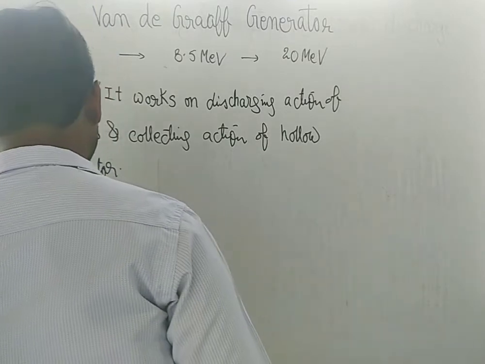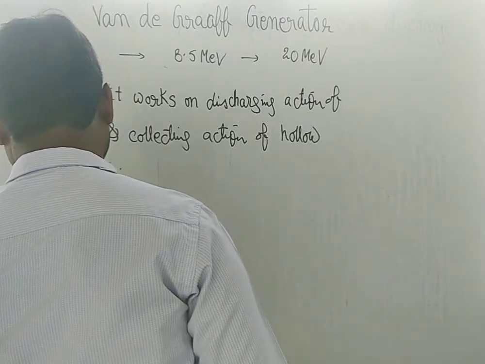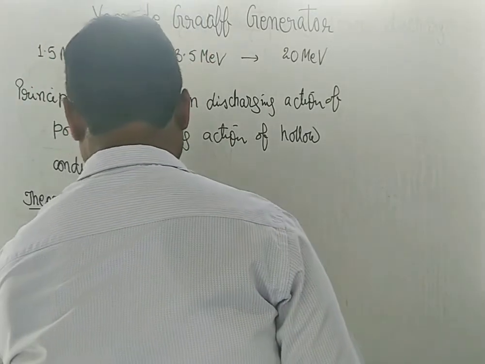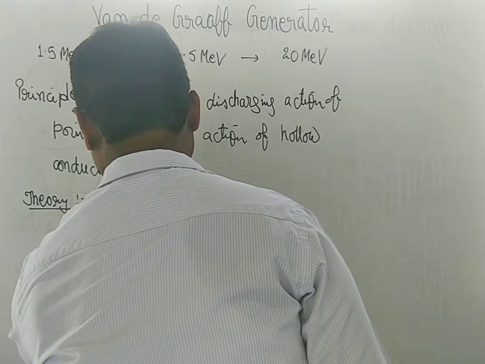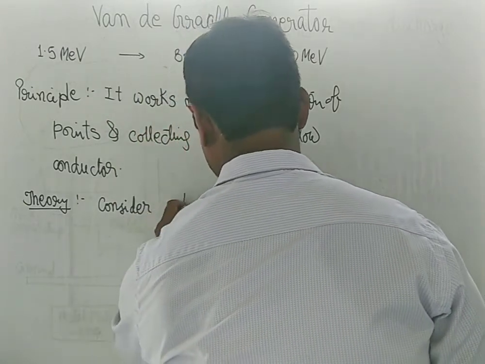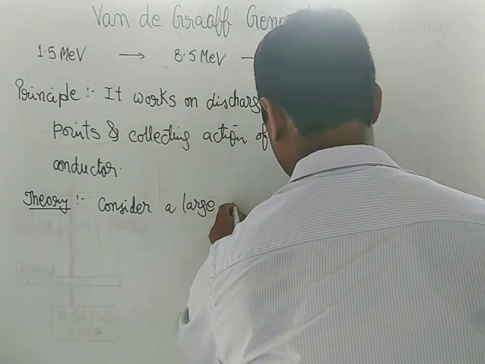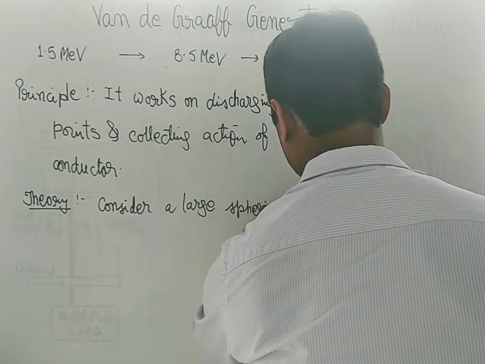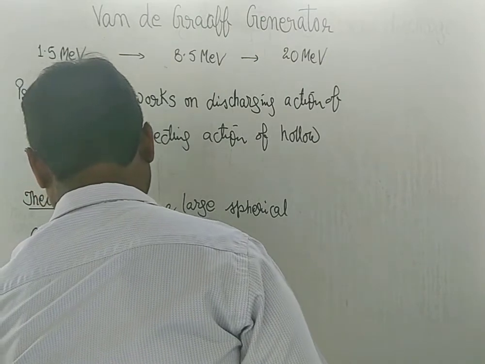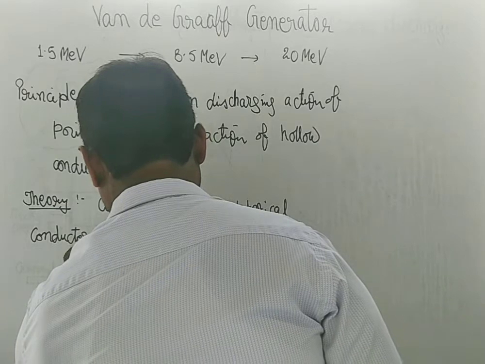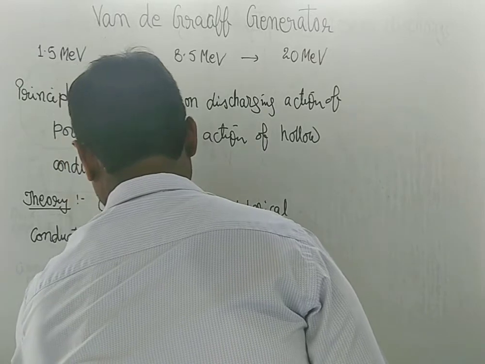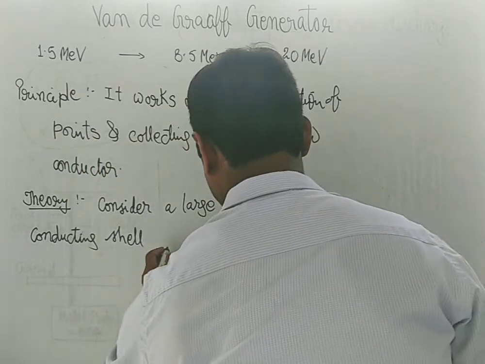Now let's see the theory. Suppose we consider a large spherical conductor, I must say spherical conducting shell, that would be better to say.